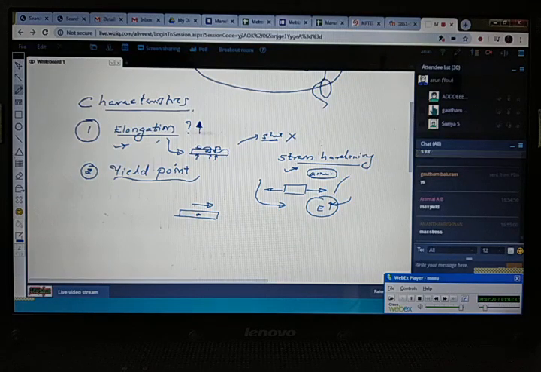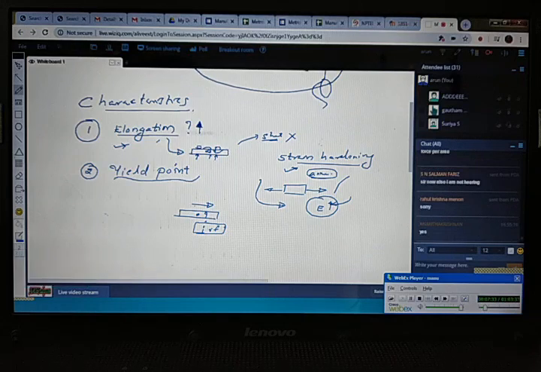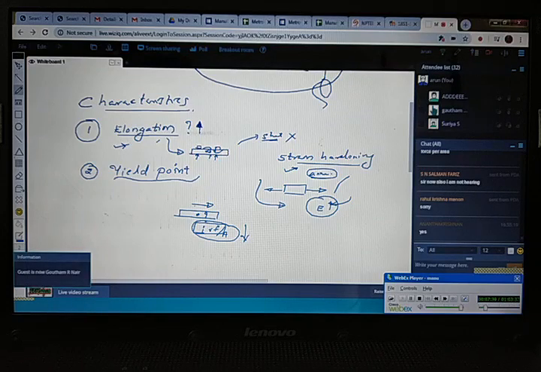Why? Because the internal resistive force per unit area, that is the stress developed, will be less at that point. That's why it elongates more; yielding will be more there. Got it?